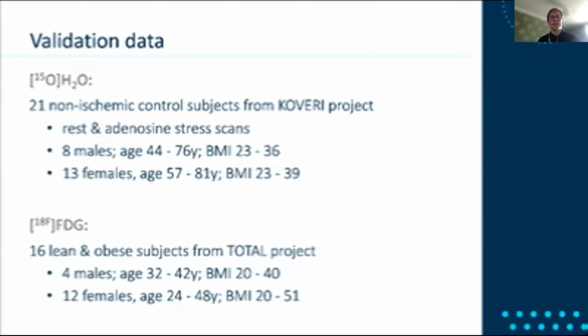And the second dataset contains in total 16 lean and obese subjects which were scanned with FDG radioligand. And for both datasets, our experts manually drew ROIs for input and target organs, which were then used as benchmarks to assess the performance of the automated processing.